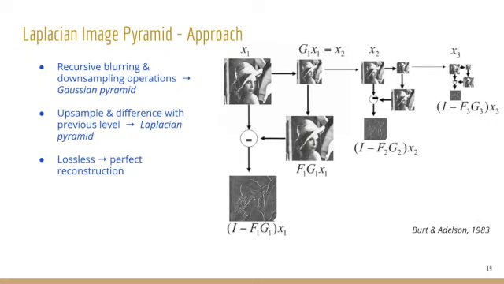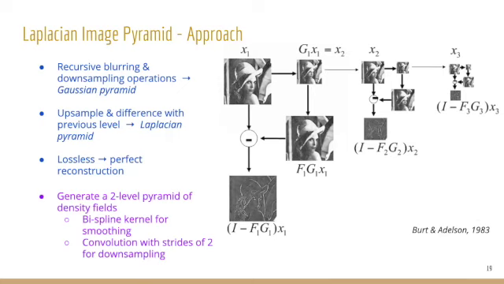Then for every level of the pyramid, you can upsample it and calculate the difference with the original for that level to get the details component, or residual component. The hierarchy of these residual components is called the Laplacian pyramid. And if you have the full hierarchy as well as the final image, then you can just upsample it and add the details component to reconstruct the original without any loss. So it's perfect reconstruction in this sense.